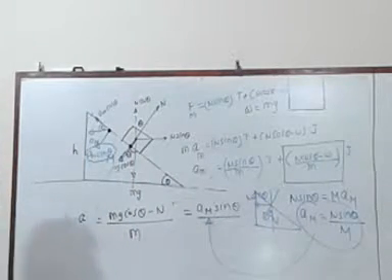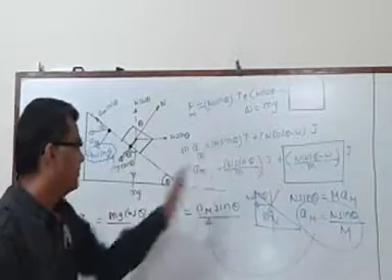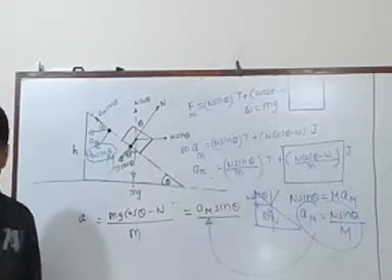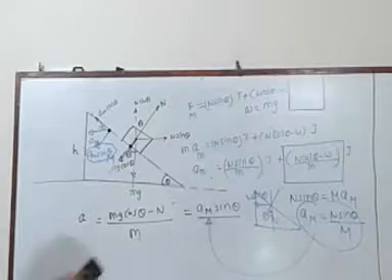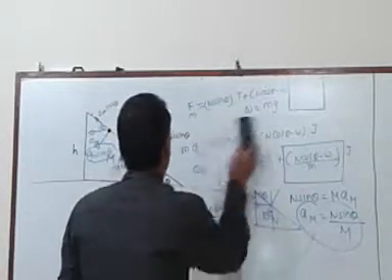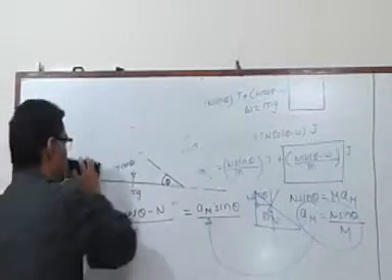So let us do that. I will have to wipe out the entire board for you because of lack of space. I will keep only these three things here which are necessary for our solution.